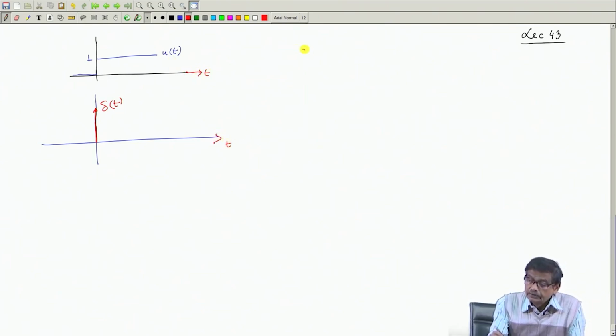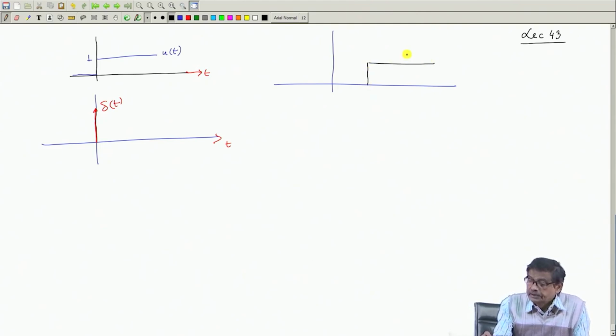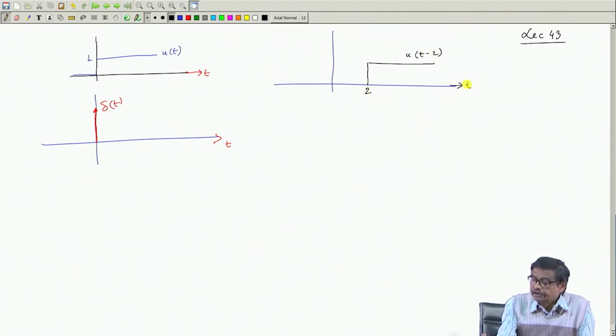Then I told you that you can have a shifted version of the unit step function. For example, this is a signal which is u t minus 2, where this is 2, this is time, shifted to the right, and this is the value of the function.